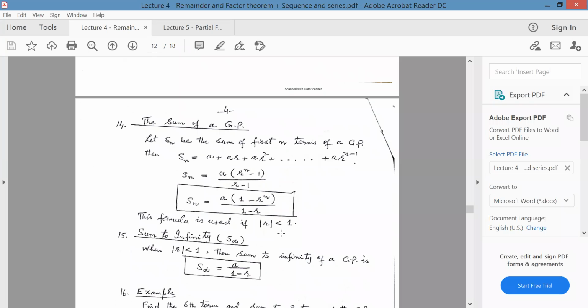So the terms will go decreasing in case a value which is less than 1 and its higher powers are taken.